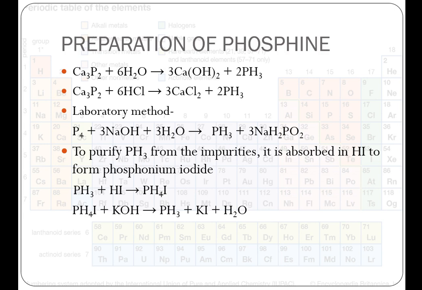When pure, it is non-inflammable but becomes inflammable due to the presence of P4 vapors. To purify it, it is absorbed in HI to form phosphonium iodide. This phosphonium iodide is then made to react with KOH to give us pure phosphine.